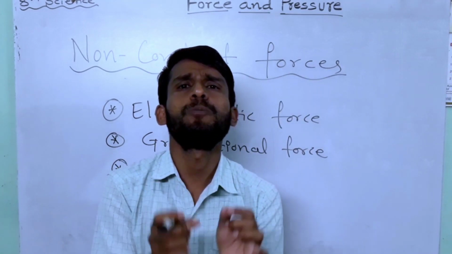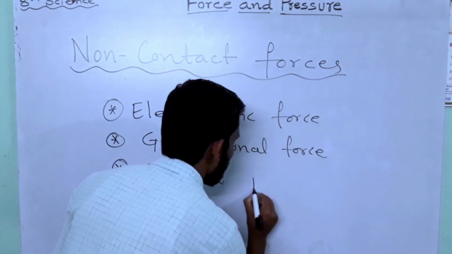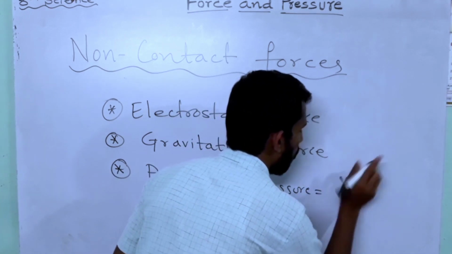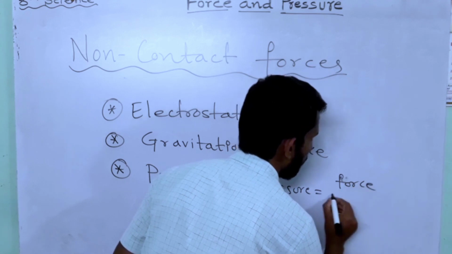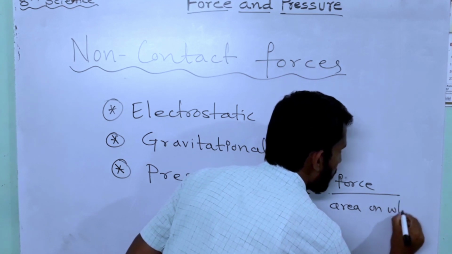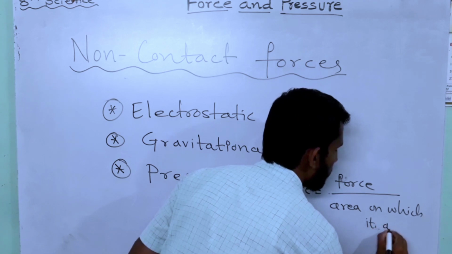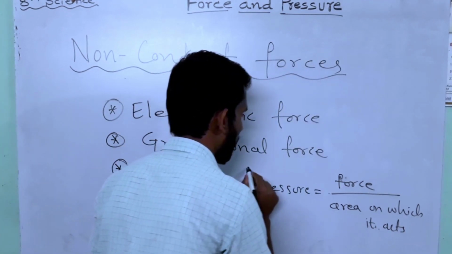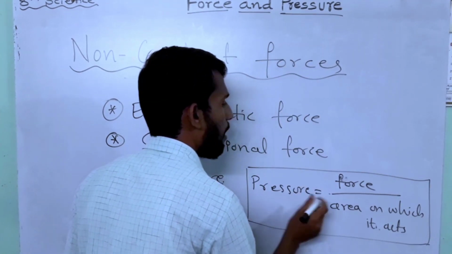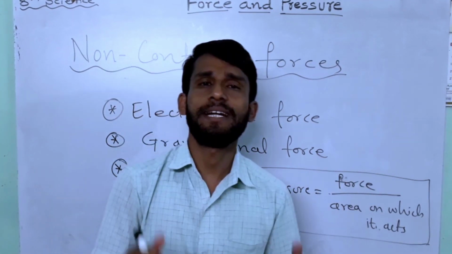We can measure pressure by using the formula: pressure is equal to force divided by the area on which it acts. This is the formula we use for pressure.